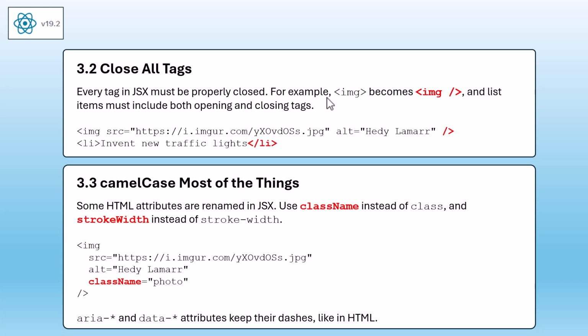Similarly, attributes like stroke-width become strokeWidth. There are a couple of exceptions. aria-* and data-* attributes keep their dashes because they're part of web accessibility and data standards. Following these naming rules ensures your JSX translates correctly into valid JavaScript and DOM properties.